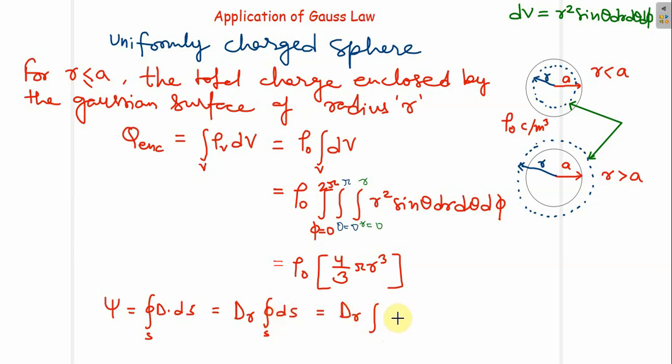Now it is a sphere, so we will have the double integral, phi equals 0 to 2 pi and theta equals 0 to pi, and this is r square sine theta d theta and d phi.